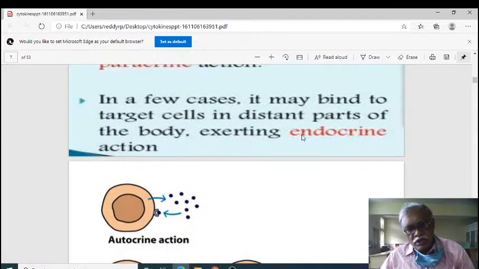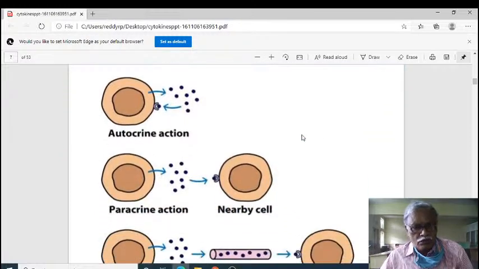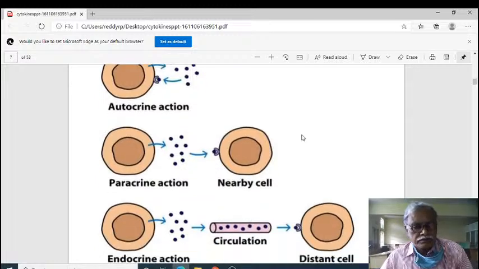In a few cases, it may bind to target cells in distant parts of the body, exerting an endocrine action. So this is an autocrine action where the cytokines will become adherent to the cell of its own origin.